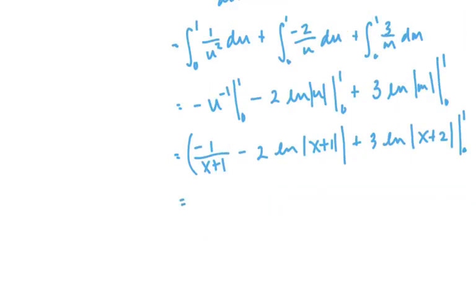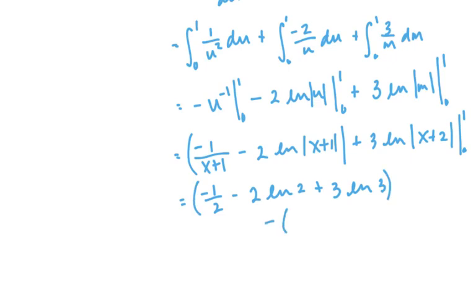So when we put in 1, we have negative 1 over 2, 1 plus 1, minus 2 natural log of 2, plus 3 natural log of, oh, that's not natural log of 2, 1 plus 2 is 3. We don't need absolute value symbols because it's all positive.